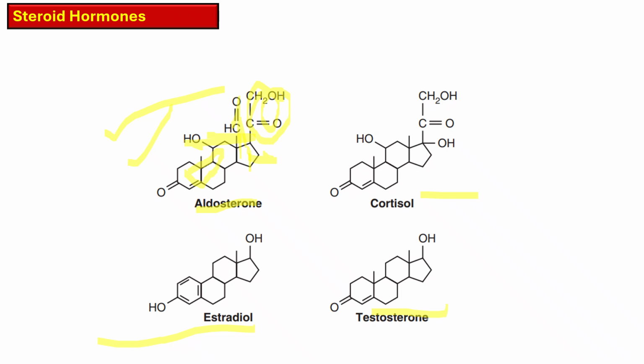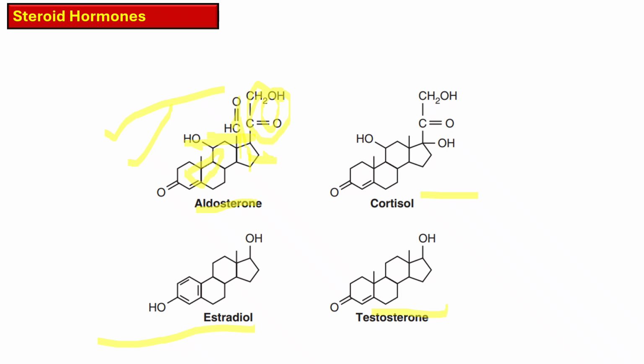The estradiol is estrogen. It is produced by granulosa cells of the ovary. It promotes development and maintenance of female reproductive structures and secondary sexual characteristics.